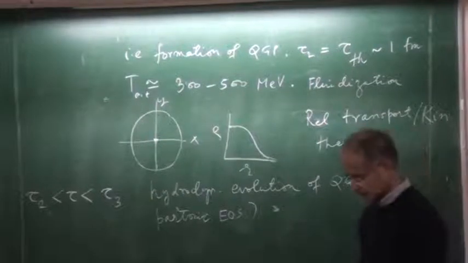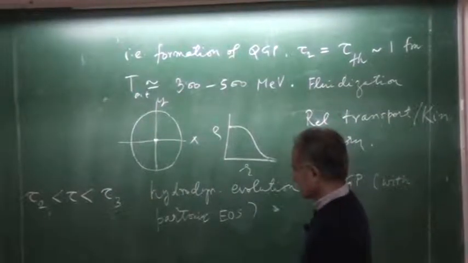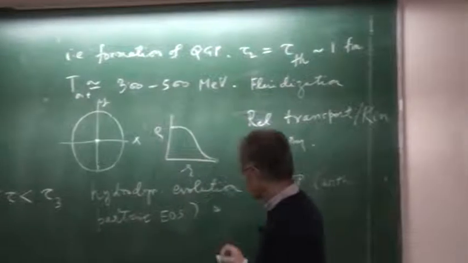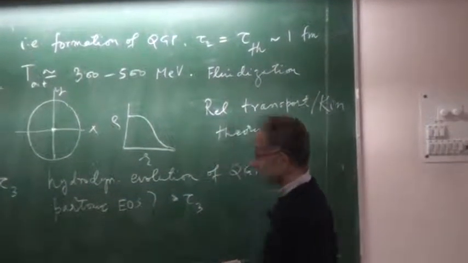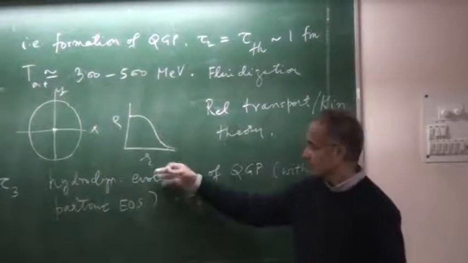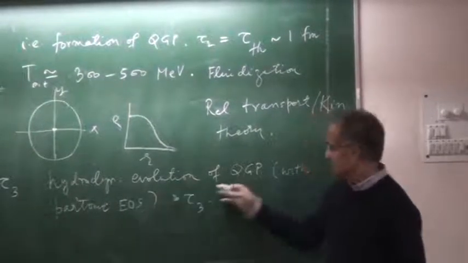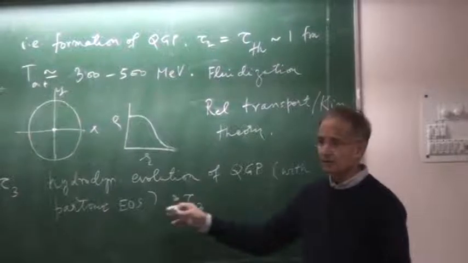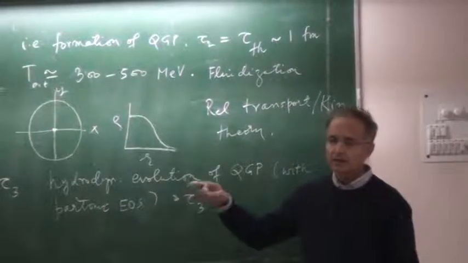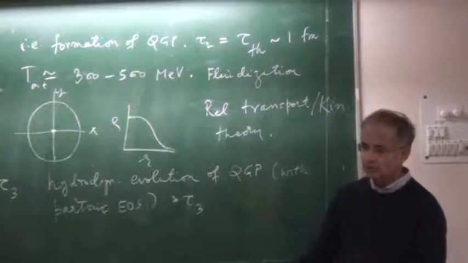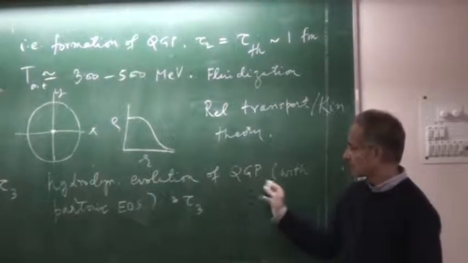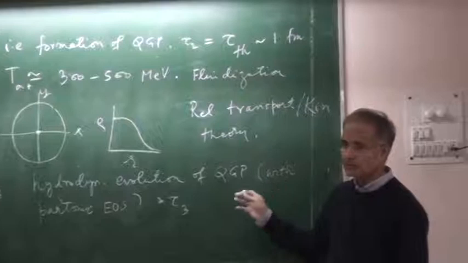And what will be tau 3? Tau 3 will be, how long can you keep on doing this with this equation of state? Until you have reached that crossover point. Because if the temperature goes below that, then that equation of state is not valid. You need some other equation of state.